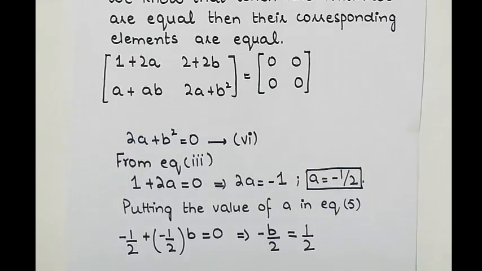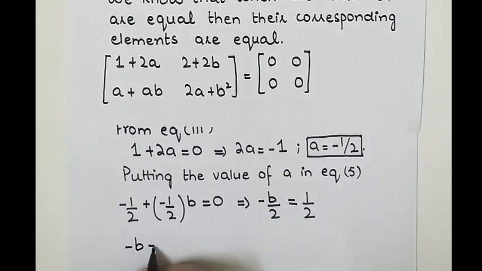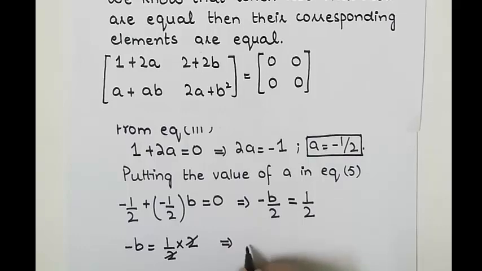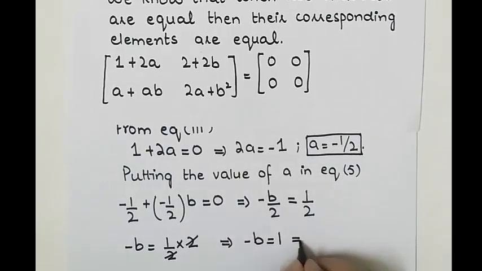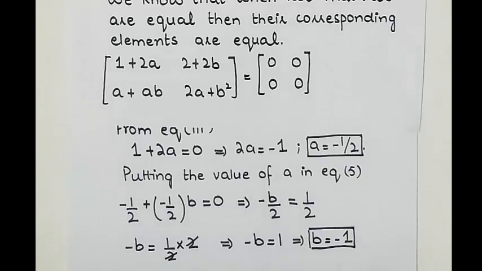Right? Now taking this 2 to the other side of equality, now it will multiply, right? So 2 and 2 will be cancelled out and we have minus B equals 1, or we can say that B is equal to minus 1. So this is the value for B and this is the value for A.